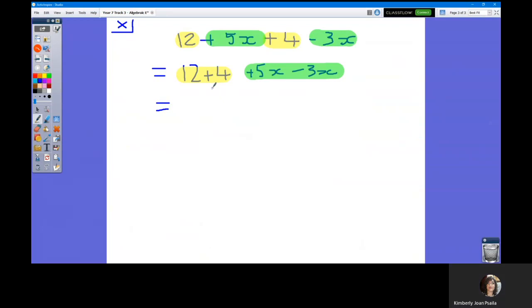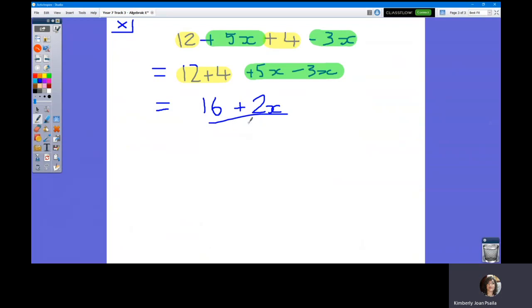Okay, so 12 plus 4 gives us 16. Positive 5x subtracting 3x gives us positive 2x. Okay, and then you should have your final answer.